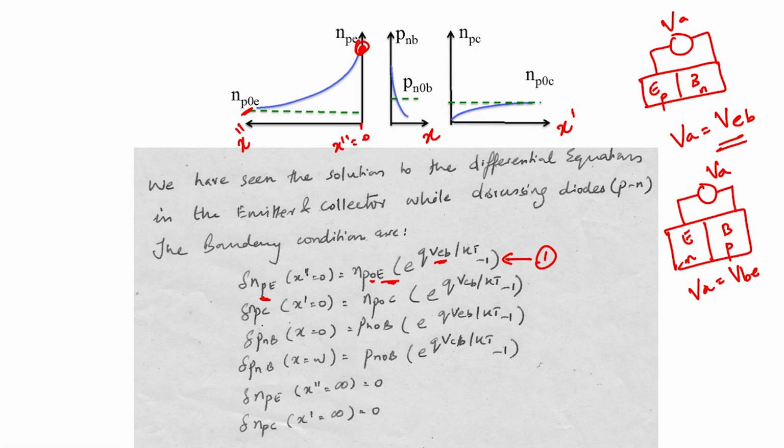Delta n_pC at x dash equal to 0, that is basically this population here is equal to this, that is your second boundary condition. Okay, that is my x dash equal to 0 point. Delta p_nB at x equal to 0, that is basically this is given by this. Delta p_nB at x equal to W. Okay, so that's my, let us say, x equal to W, and what is the population here?